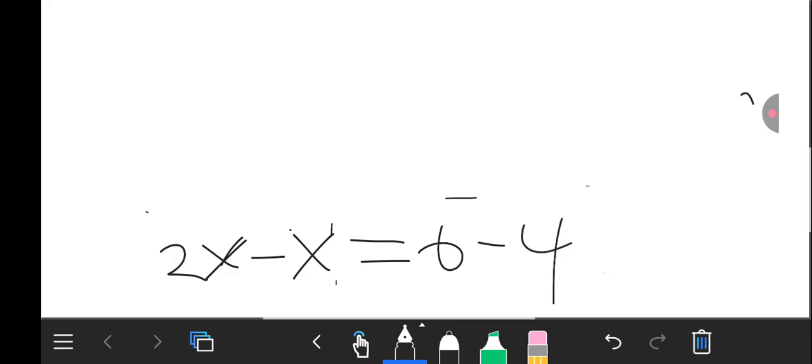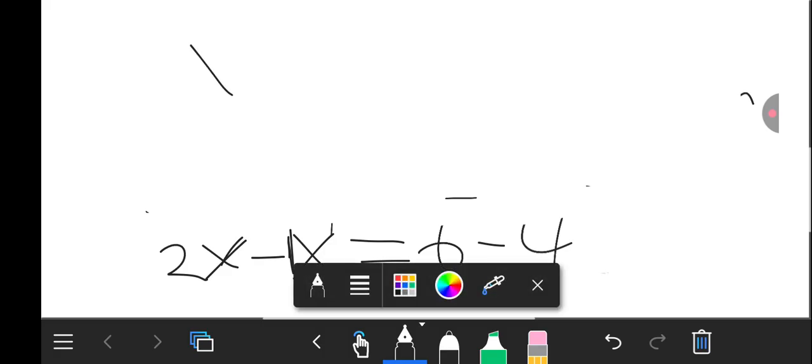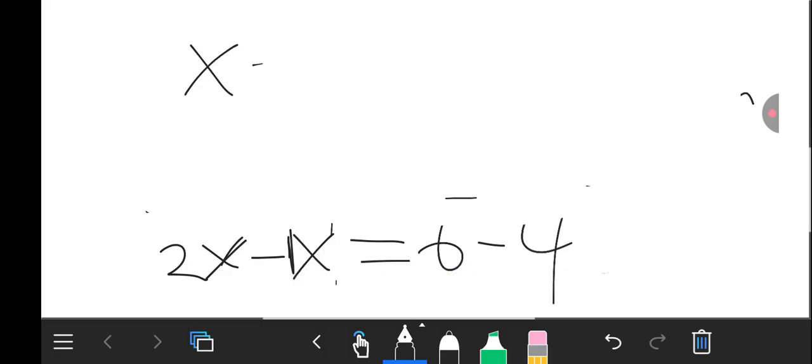There is a 1 which you are not able to see. There's just a 1 in front of x, but we don't write that 1, we just write x, because 1 times x is just x. So the answer is just x. So x will be equal to, what is 6 minus 4? That is 2. So we found one value for x.